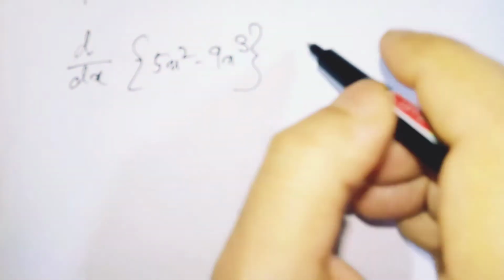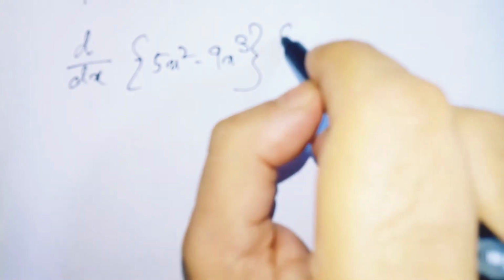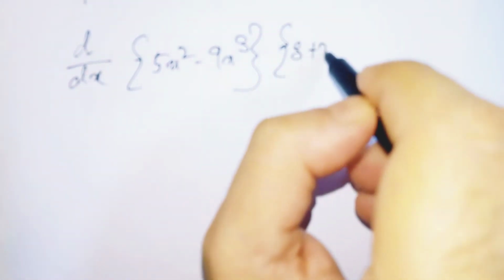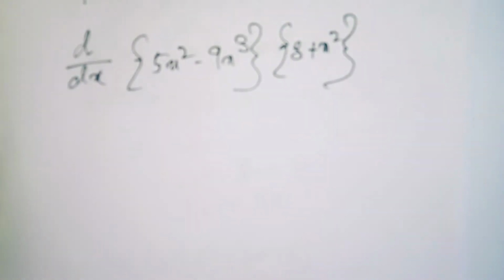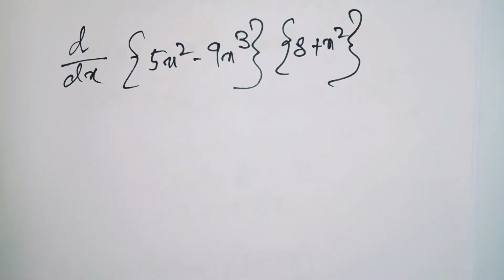Given something like this, d by dx of, for example, the expression (5x^2 minus 9x^3) multiplied by (8 plus x^2). So we come across this kind of a thing.